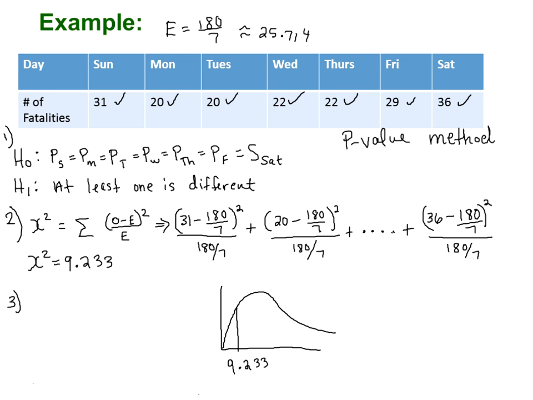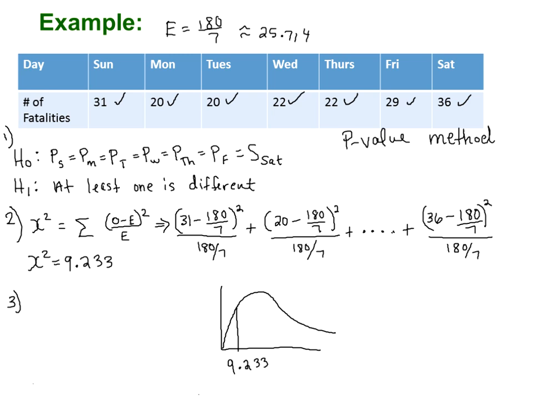So when I find the area to the right of 9.233, that's our p-value. And that's going to be a large p-value. So you can kind of get an idea of what's going to happen to your null hypothesis. So if we're finding the p-value, that's going to be the area to the right of 9.233, right? That's a pretty large area.